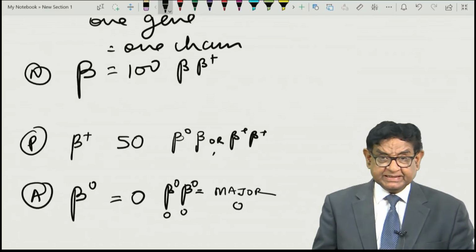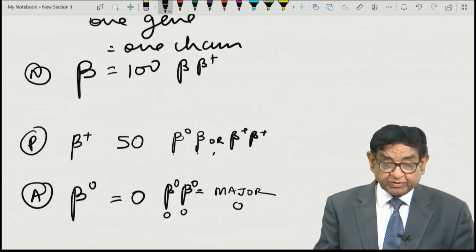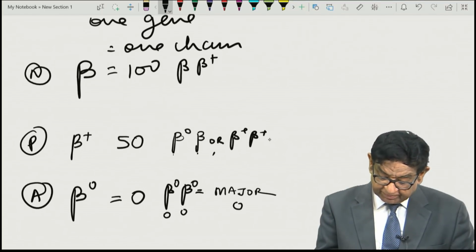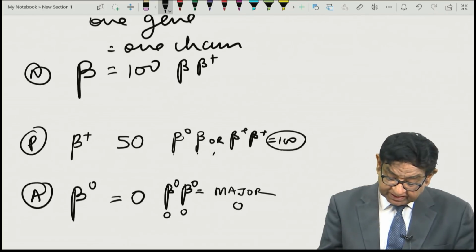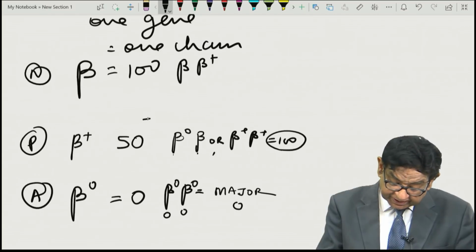Let us see how much the value. In this case 0 and 100 paisa, value will be 100 paisa. This is 50 paisa, value will be 100 paisa. So we are getting 100 paisa as the value. This is beta thalassemia intermedia. This was major and this is intermedia.